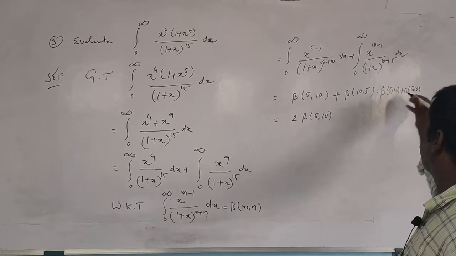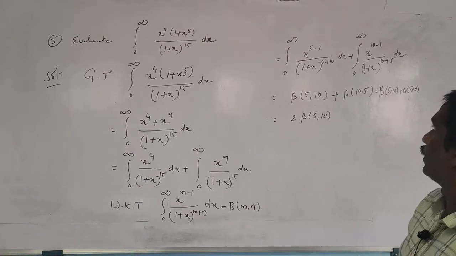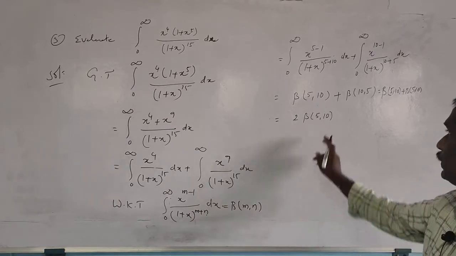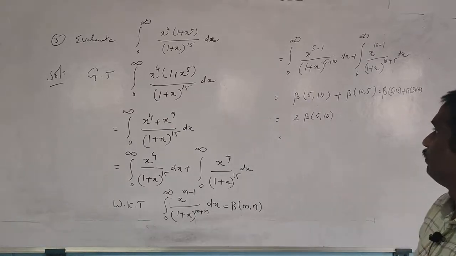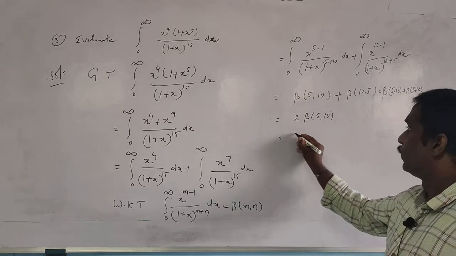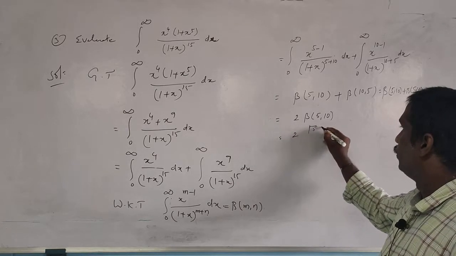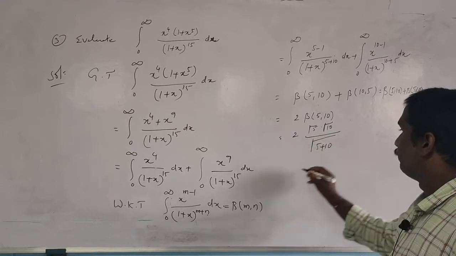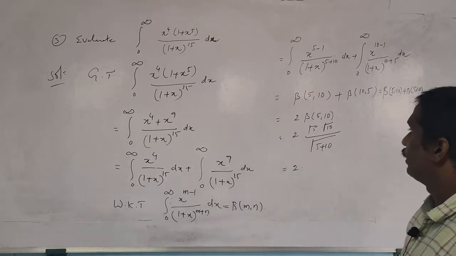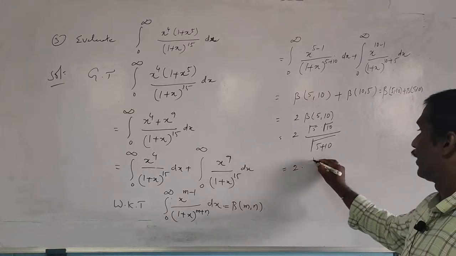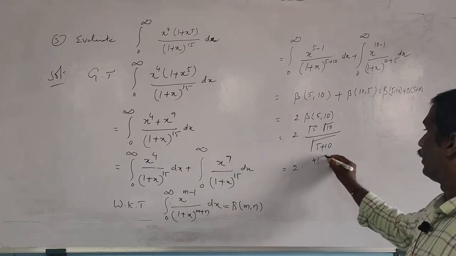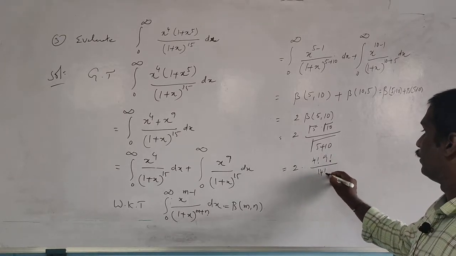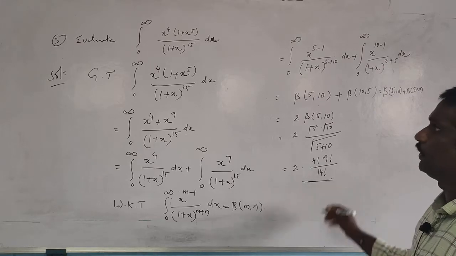Because here we apply the symmetric property. Then I apply the relation between beta and the gamma function: 2 into gamma 5 into gamma 10 by gamma of 5 plus 10. That equals 2 into gamma 5, which can be written as 4 factorial, gamma of 10 means 9 factorial, by gamma of 15, which means 14 factorial. So this is the required solution of the given integral.